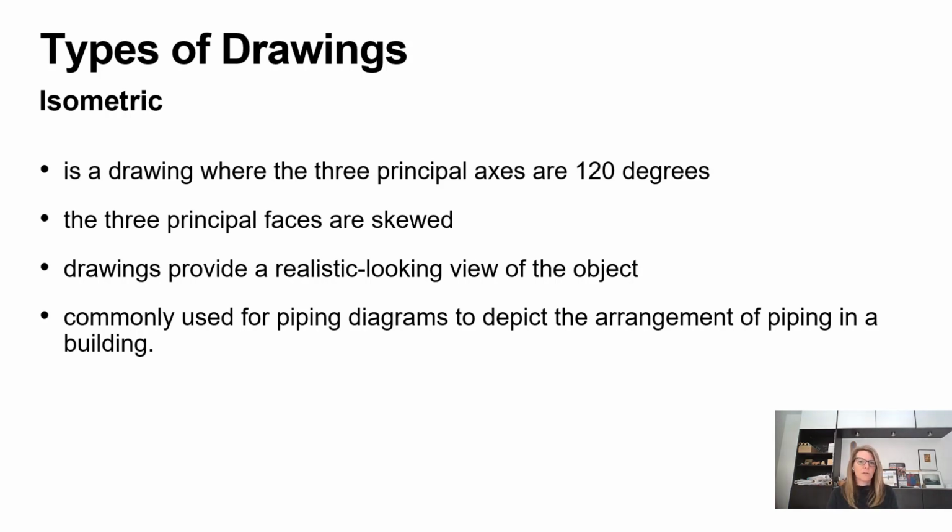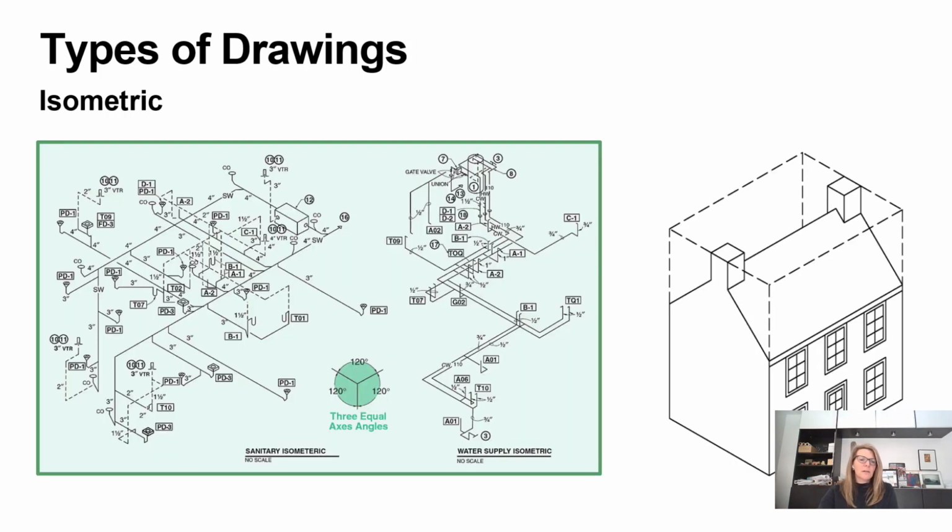When we're talking about isometric drawings, we're looking at a drawing where the principal axis is about 120 degrees, and those faces are skewed. They're somewhat realistic looking models or views of the object. They're still used for piping diagrams.